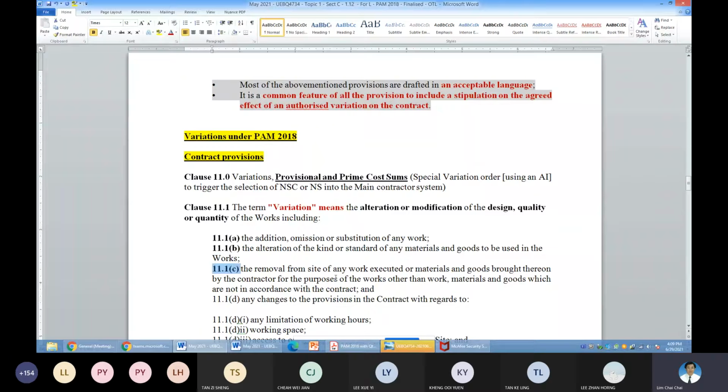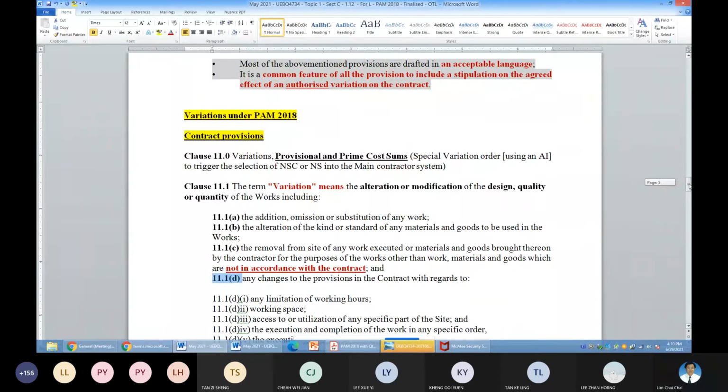So be careful, this 11.1c is an instruction where the contractor will not get any additional money because it is works that are not in accordance with the contract. It's the contractor's fault. And then 11D, it can be a positive or a negative change.